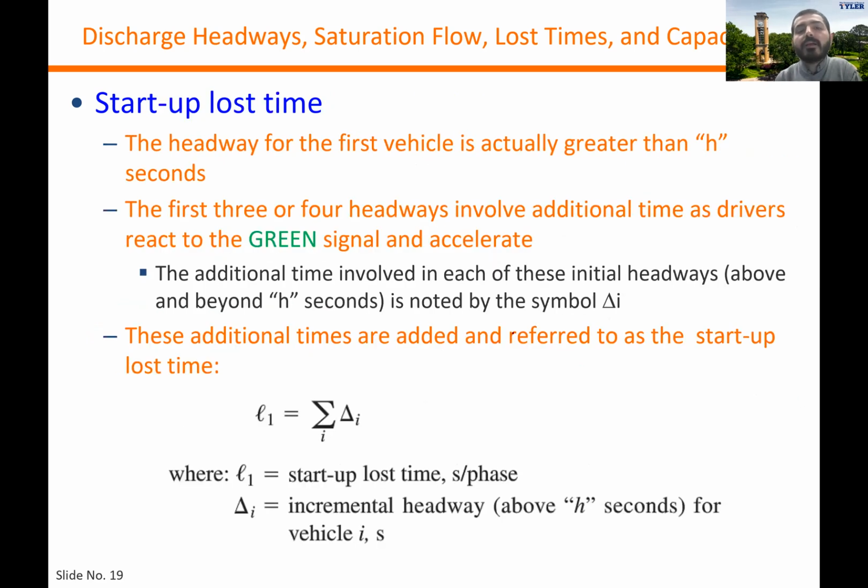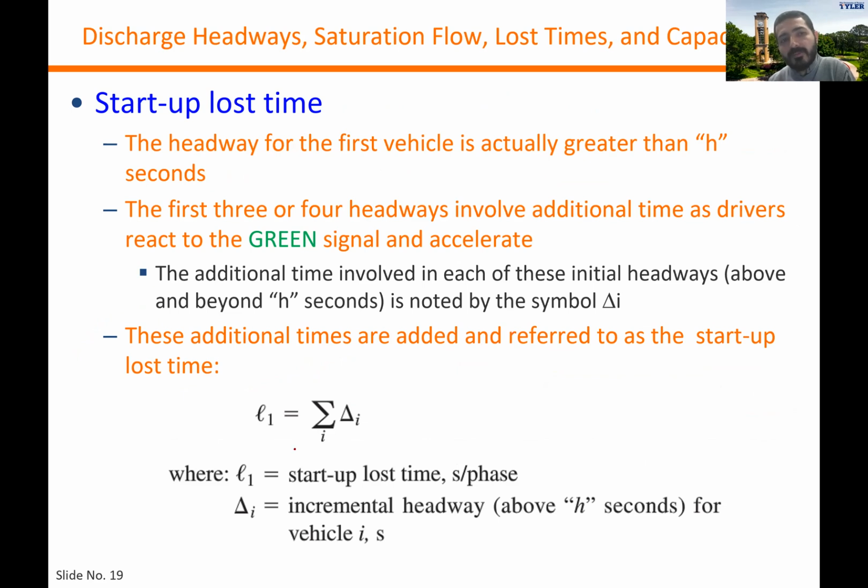And then we start talking about how, within each phase, we have some lost time. It's not really practical and reliable to assume that there is no lost time between different traffic lights.